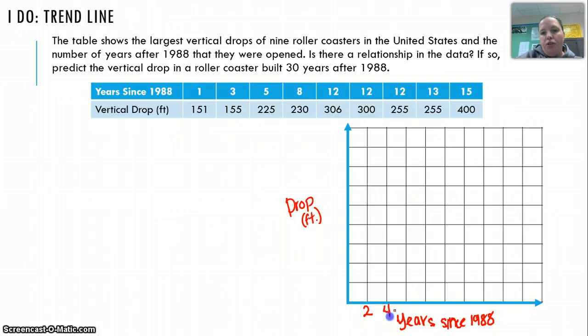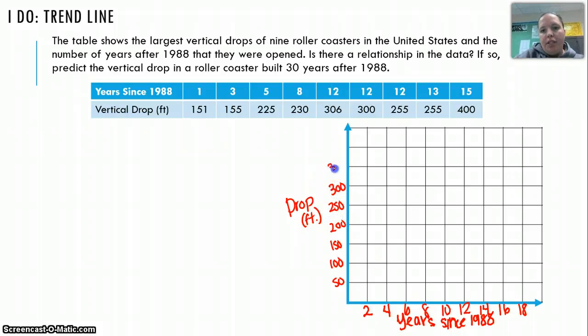So I'm going to go by 2's along the x-axis. And I'm going to go by 50's on the y. Through a little bit of magic here, I actually already have the points plotted.